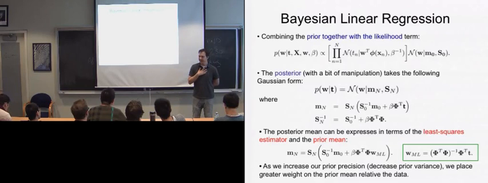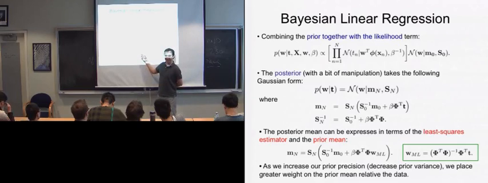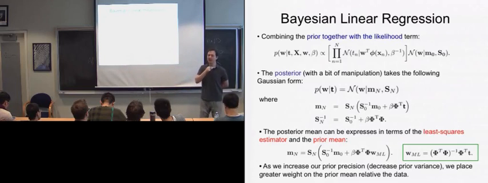If I increase the precision and say I really think it should be zero mean, you would need more data to override that decision. If you only get to observe 3 or 4 data points, and this precision term is fairly high, then you will be pushing your estimate, your posterior mean, towards 0.